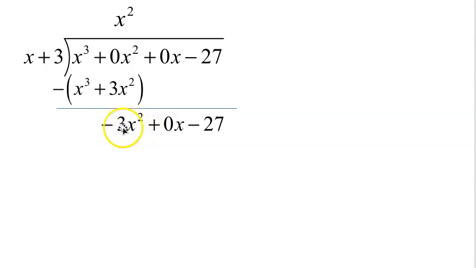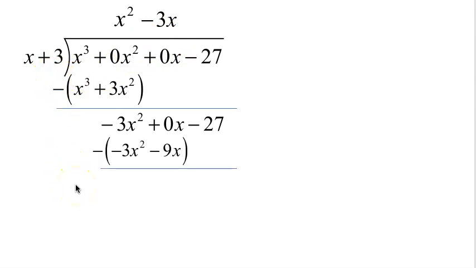Then dividing it, negative 3x squared divided by x is negative 3x. Multiplying the negative 3x, negative 3 times x is negative 3x squared. Negative 3x times 3 is negative 9x. We want to subtract. Negative 3x squared minus negative 3x squared is 0. 0x minus negative 9x is positive 9x minus 27.